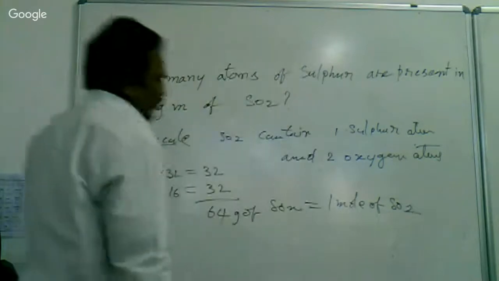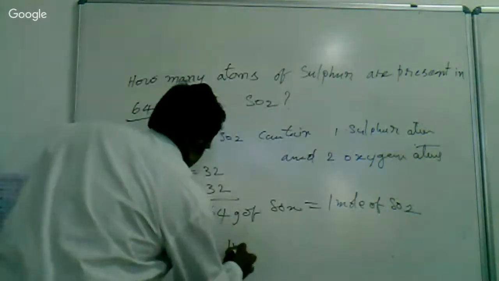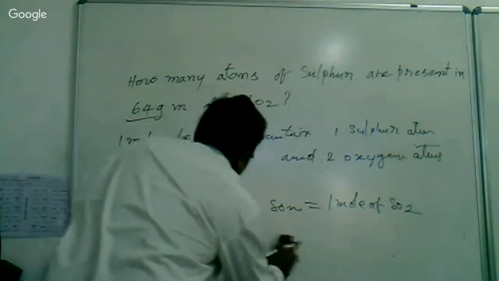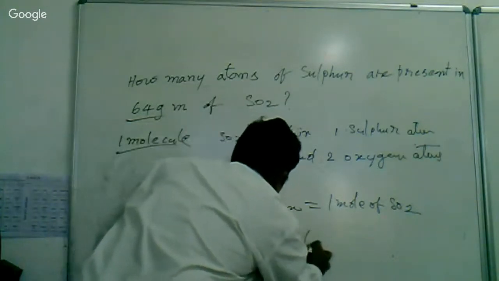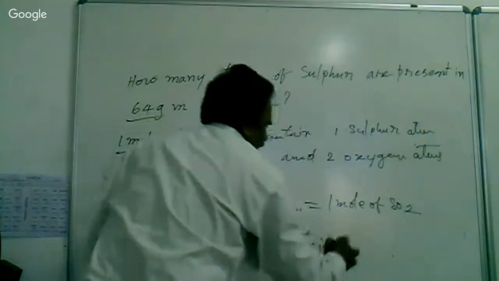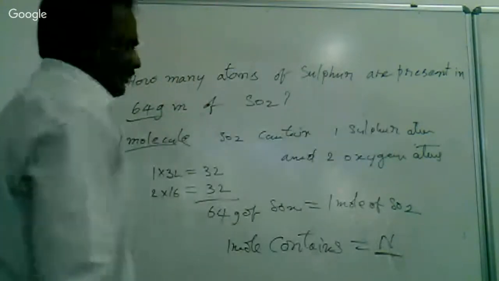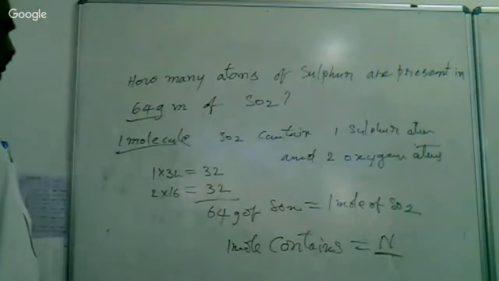So if there is 1 mole, 1 mole contains N number of molecules, where N is nothing but Avogadro's number.